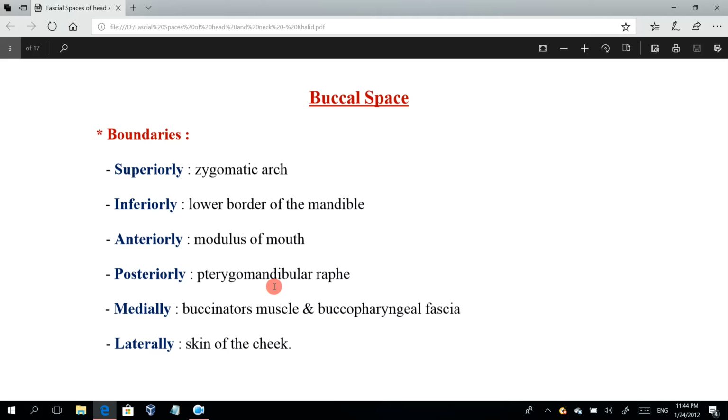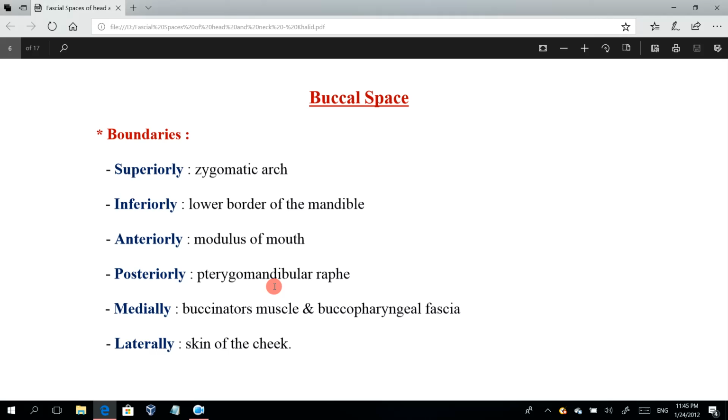So at its posterior end the pterygomandibular raphe is attached. This pterygomandibular raphe forms the posterior boundary of the buccal space. Medially, of course, we have the oxygenator muscle and buccopharyngeal fascia.